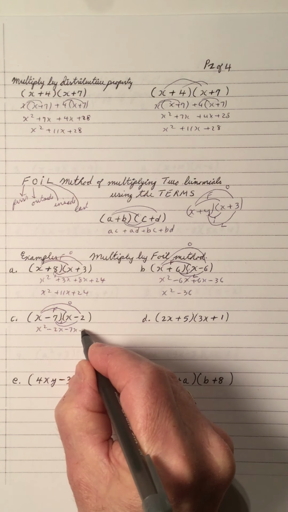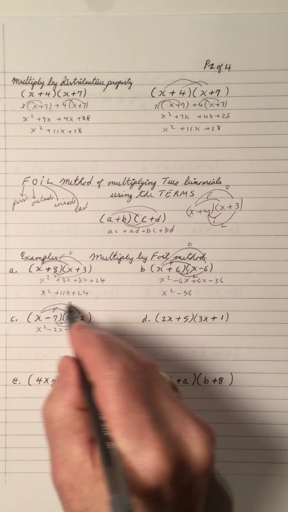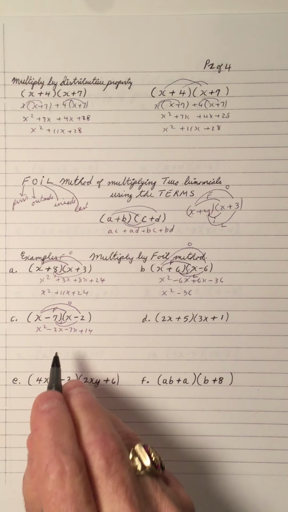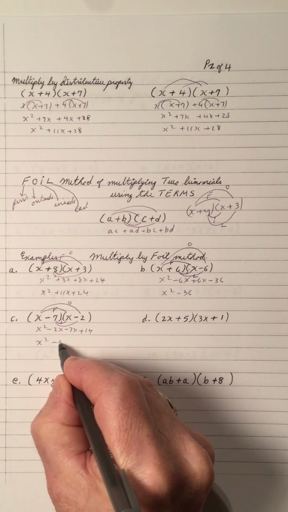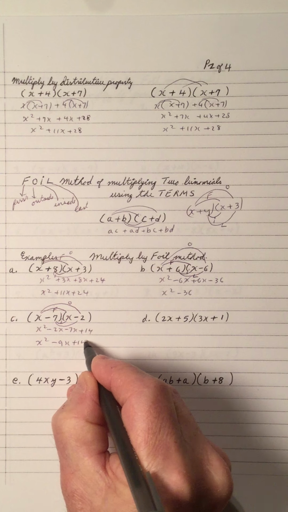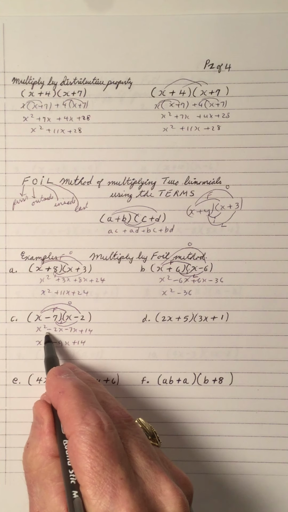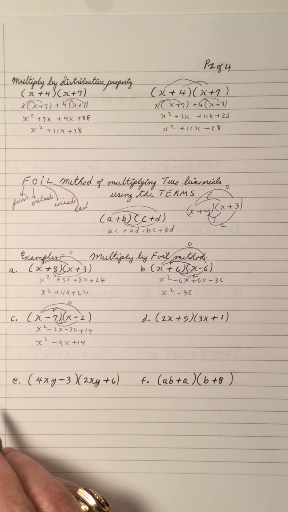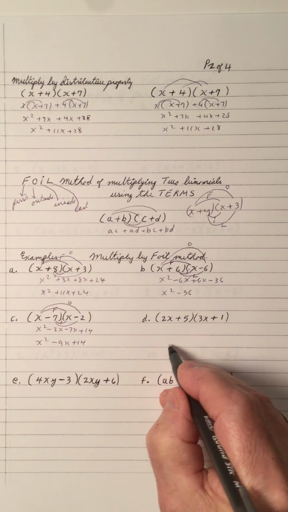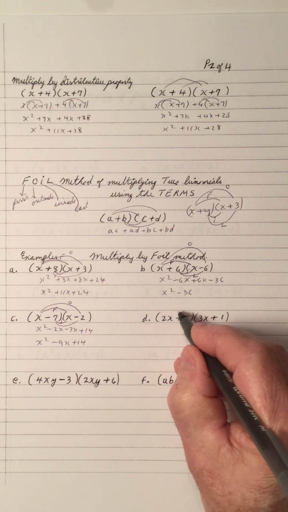And last, plus 14. First, outside, inside, last. And add them up, like terms: negative 9x. So these two add together to give you a negative 9x. You can't add these because they're not like terms. Here we go again. Now I'll put the answers down here so you can see it.